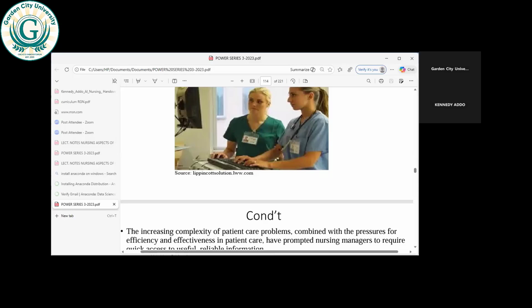What you see here has not been the standard way of doing things at our various wards, but in some advanced countries, it has become very necessary for a patient to have a mini computer close to the patient bed. What you see on top here could be as a result of what? Space. So when you don't have enough space to accommodate other equally important equipment, you can mount this or lean this one on top of a board, I mean, the patient bed. But the most important thing here is that you be sure that it comes with keyboard functions that support documentation.